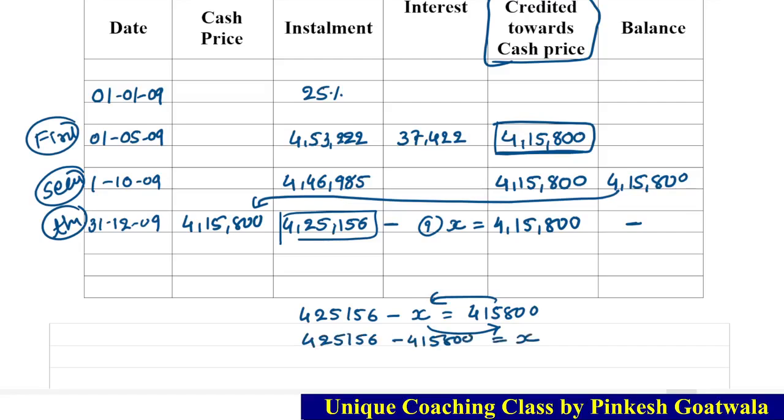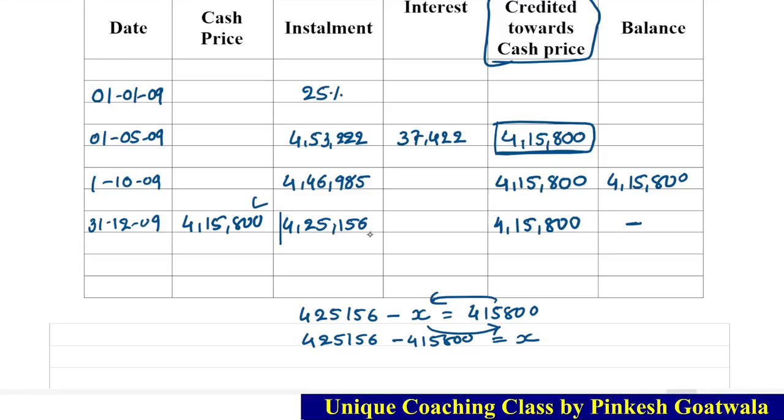So the answer comes 4,25,156 minus 4,15,800, which is 9356. Also you can check by subtracting: 4,25,156 minus 9356, so the amount balances.